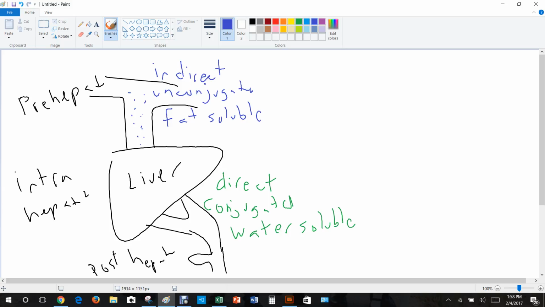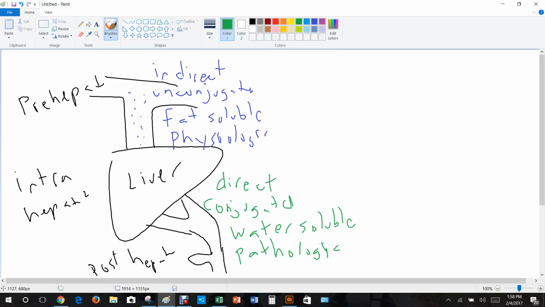So indirect, unconjugated is physiologic. Yes, that's right. Sorry, I had a little brain lapse. Physiologic. And if it is direct, conjugated, water soluble, they usually call this a pathologic problem. Now, this is if there are elevated levels. That's kind of how they deal with the two.